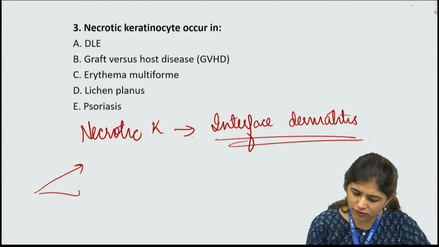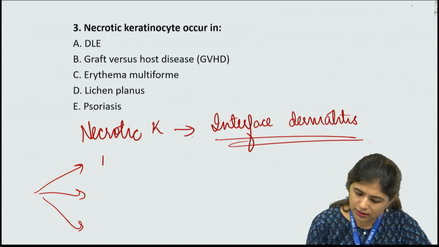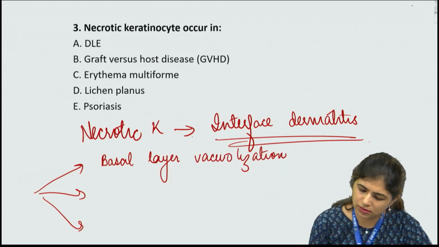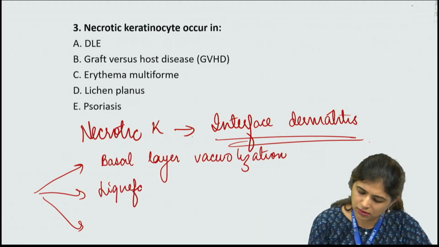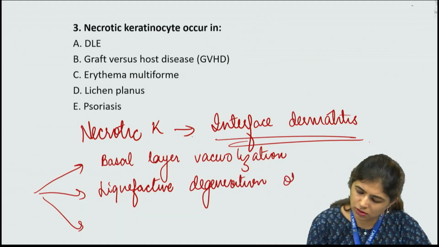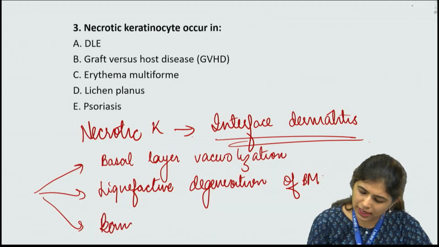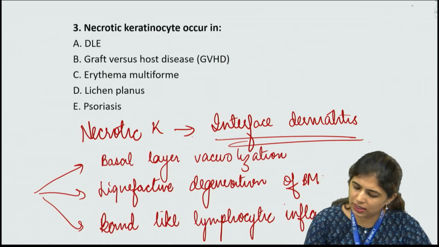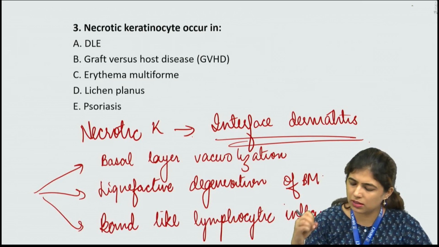Interface dermatitis is an amalgamation of three things: basal layer vacuolization, liquefactive degeneration of basement membrane, and third is a band-like lymphocytic inflammatory infiltrate at the dermoepidermal junction.